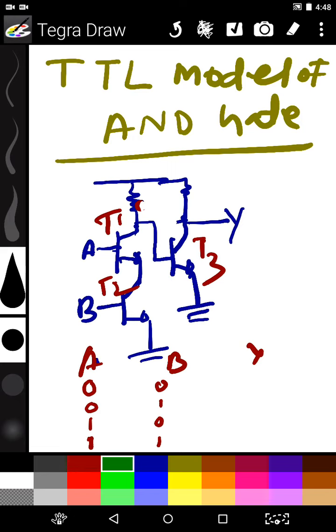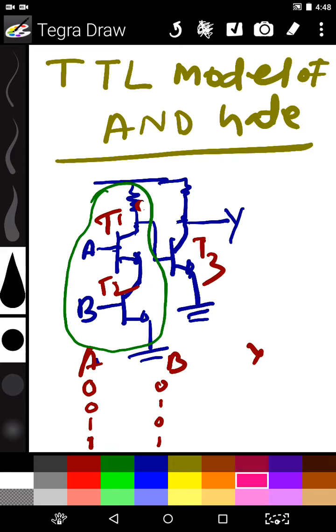This is stage 1, and the second one is the stage 2 circuit.